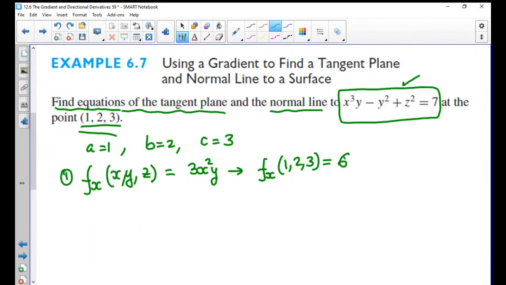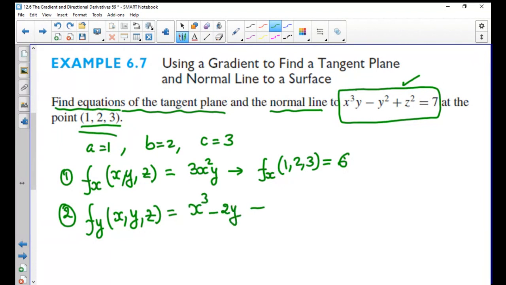6. Great. Number 2, I want now the partial derivative with respect to y. So what is this? x cubed minus 2y. Again, I want this at the point 1, 2, 3.